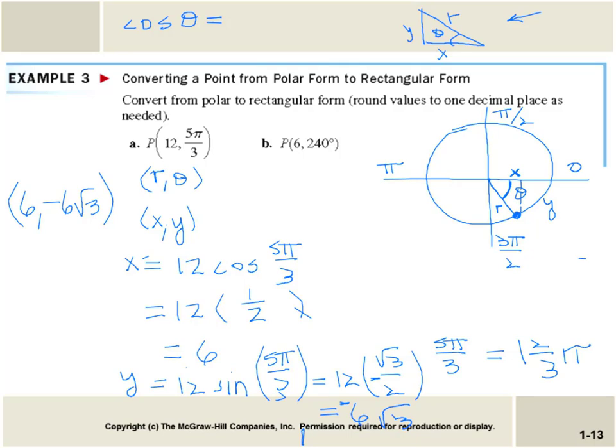Cosine is adjacent. Yes. It's x over r. Think about it. Cosine is the x value, and y is the sine value. Yeah, adjacent over hypotenuse. Good. So I multiply both sides by r, and I get x equals r cosine theta.